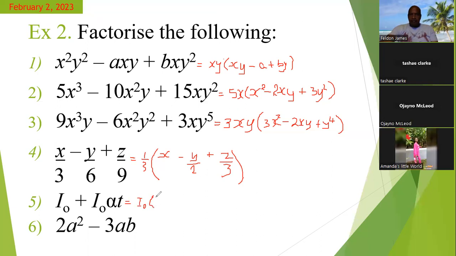So what I did, I naught into I naught, it goes one time. And then I put the plus sign, and then after you cancel the I naught, you're going to get alpha T. All right. So I naught cancels in the second term. Yes, you got alpha T. Okay.